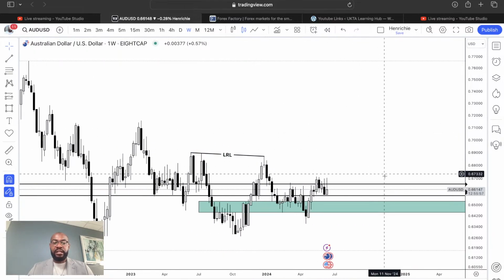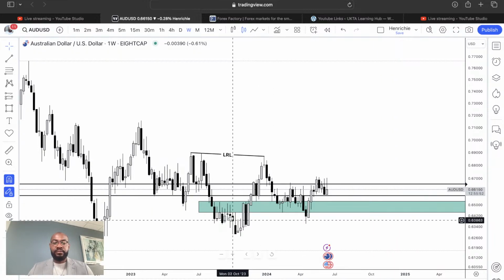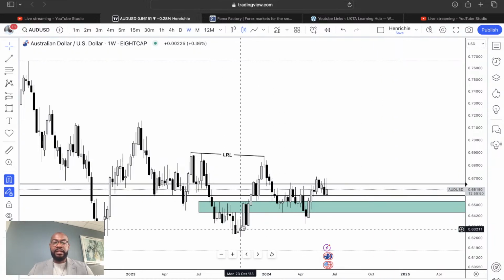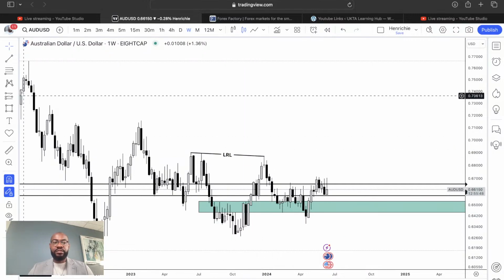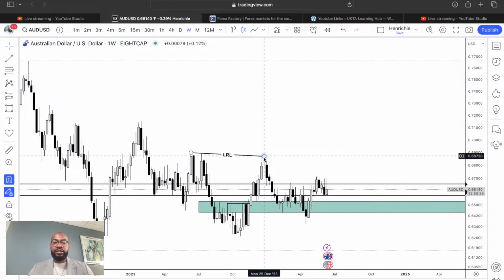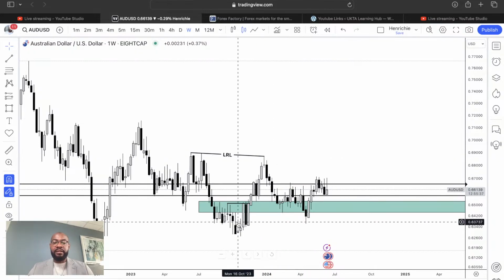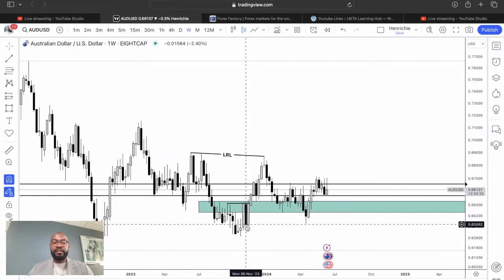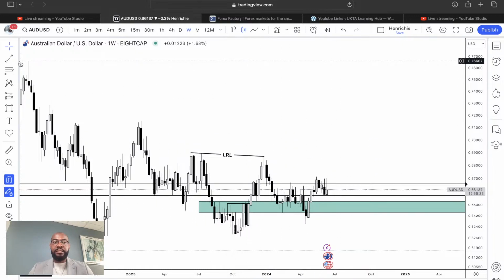Right here you can see very clearly on the weekly time frame, price came to the downside, broke structure, we have structural high right here. After that, break of structure, went to the downside, mitigated this candle, expanded, broke structure here again.